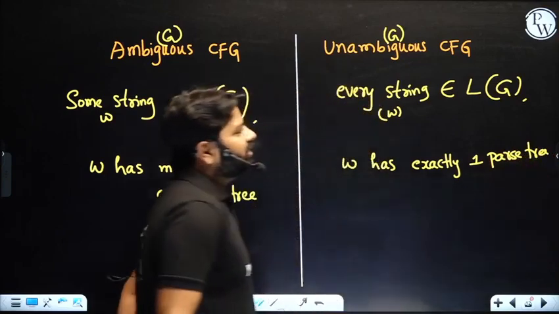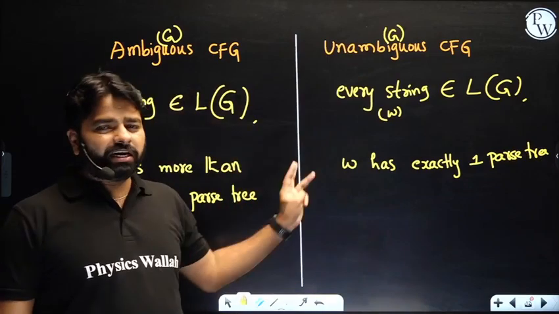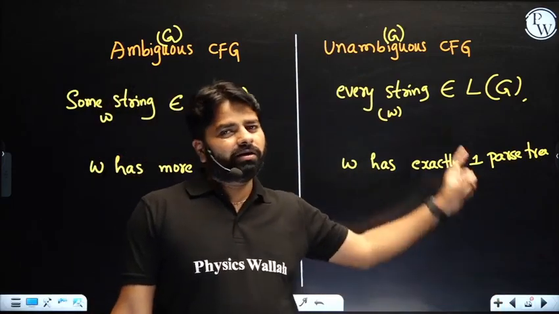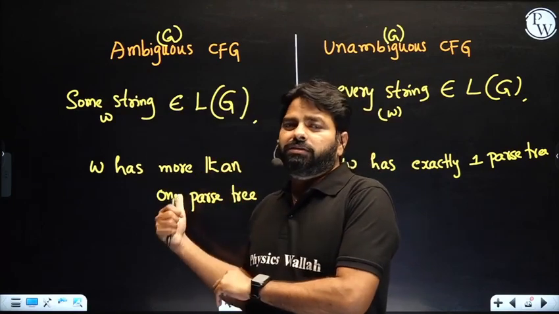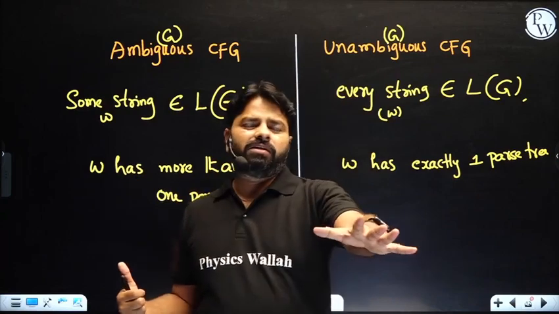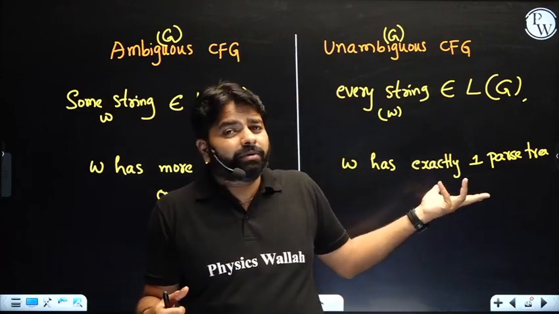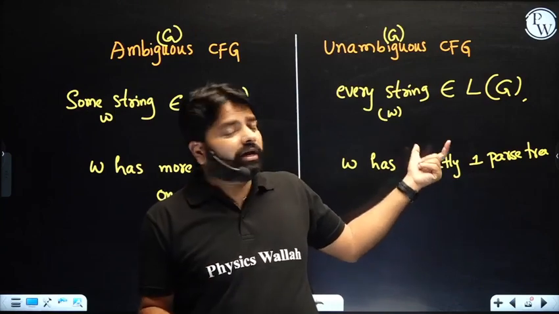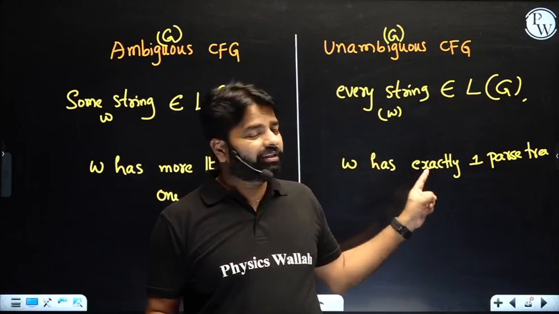Then we say G is an unambiguous context-free grammar. So if every string has exactly one parse tree, it is unambiguous. If there is some string which has more than one parse tree, it is ambiguous. In the unambiguous case, every string generated by the grammar has one parse tree. Strings not generated by the grammar, we don't expect anything. Remember that. Only for the strings generated by the grammar are we giving the condition.